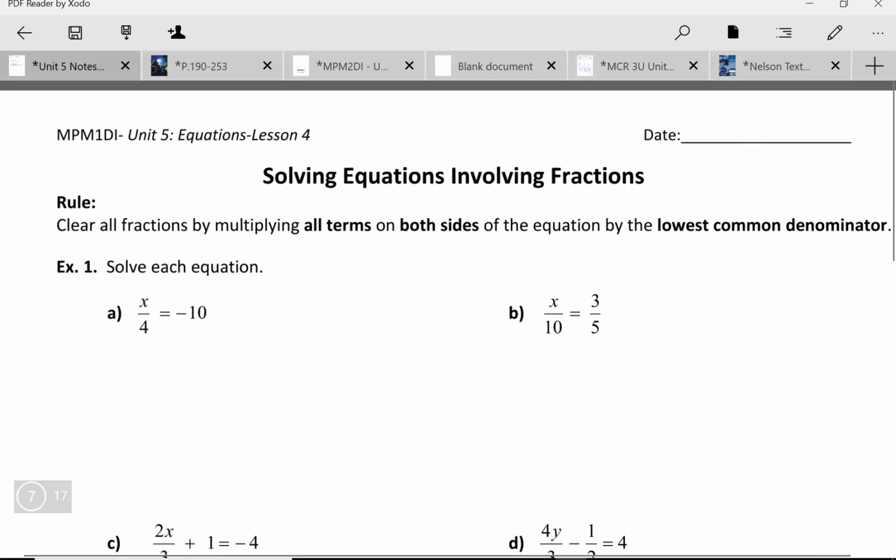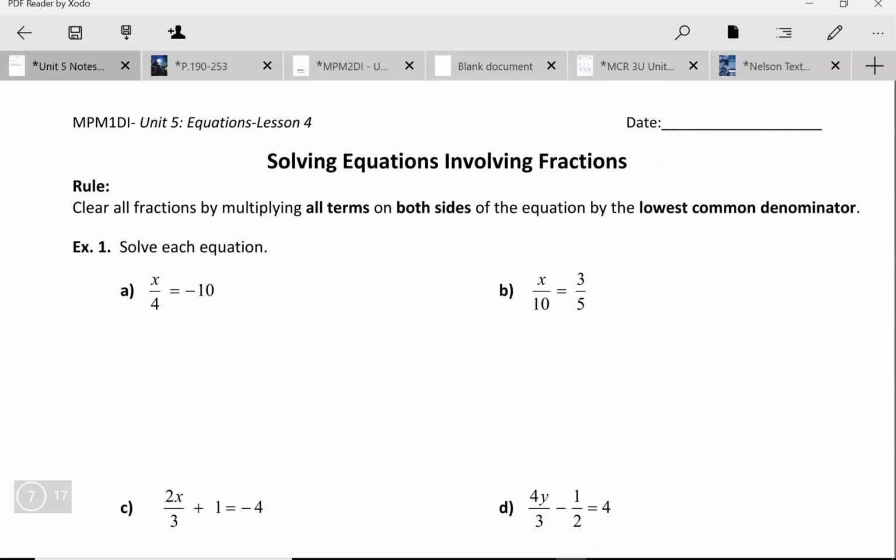The way that's given in your notes, and the one I'll be talking about here for the most part, is the clear fractions rule. It's a little bit longer-ish, maybe, but sometimes it's easier, and it always gives you a nice answer.